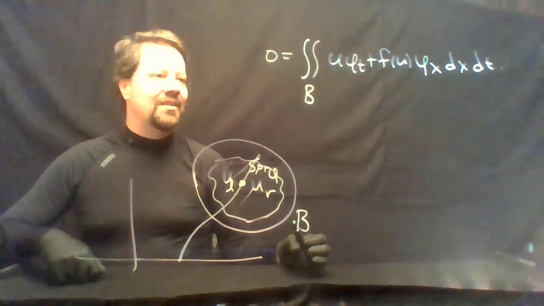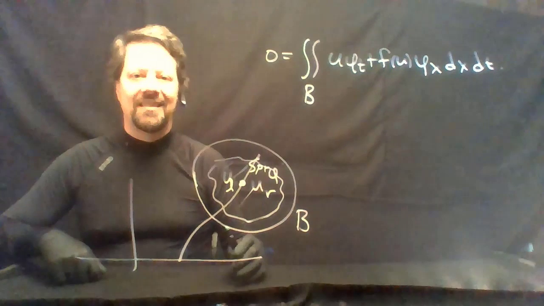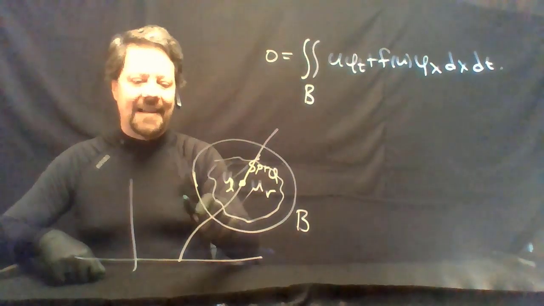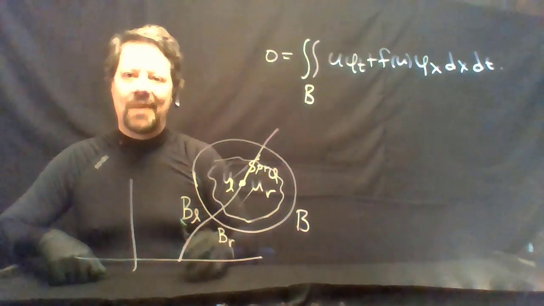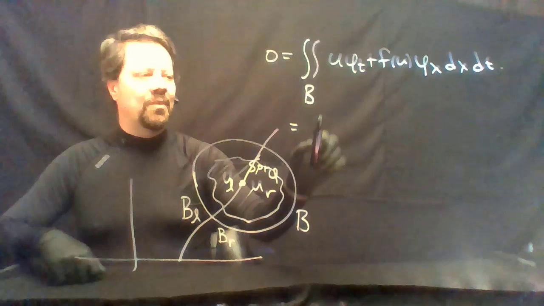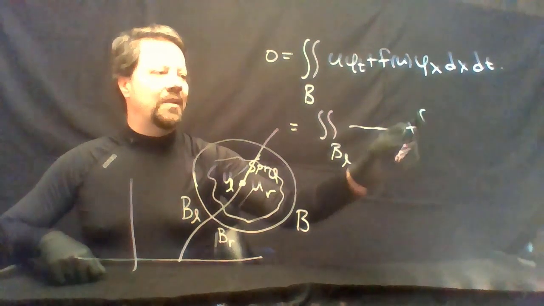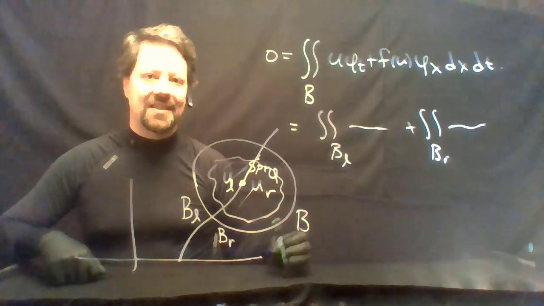Now, the shock curve divides the ball into a left side of the ball and a right side of the ball. We'll break this up into the integral on the left plus the integral on the right of this exact same expression.